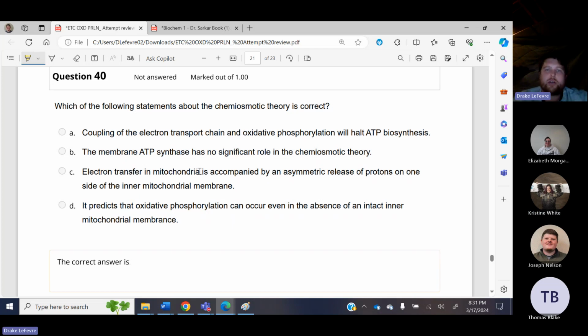Electron transfer in mitochondria is accompanied by an asymmetric release of protons on one side of the inner mitochondrial membrane. That talks about our release of the protons going across the membrane, all that sort of good stuff. And that is our chemiosmotic theory.